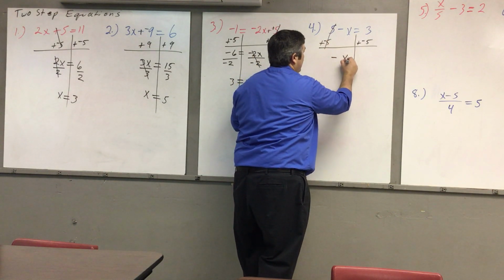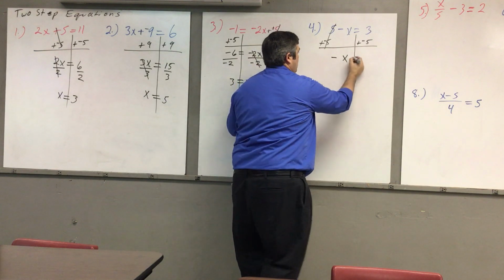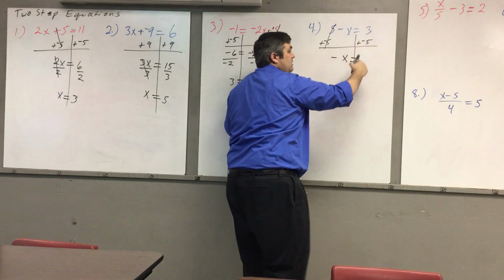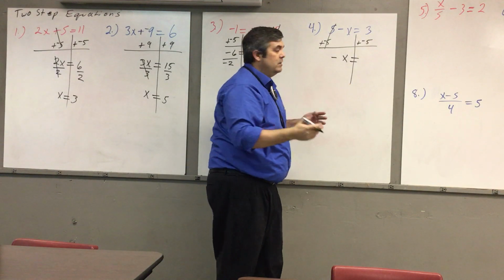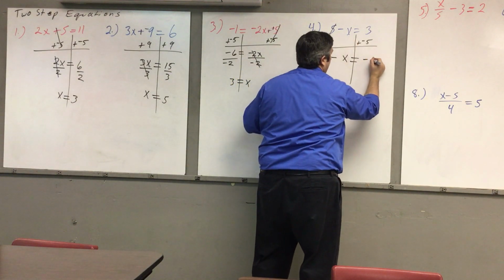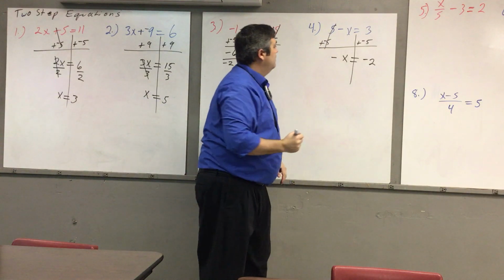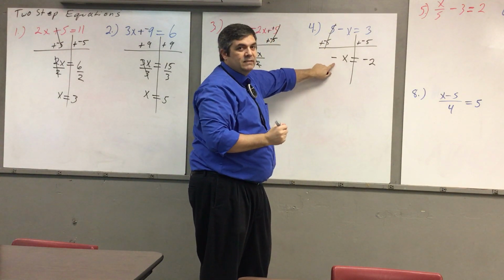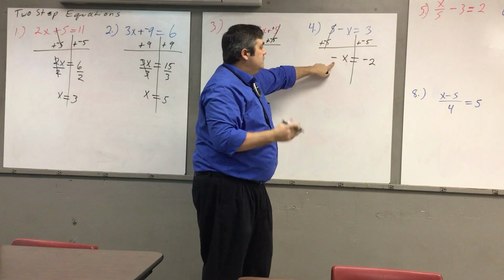So negative x, or minus x, equals 3 plus negative 5. Signs are different. Subtract, keep the sign of the bigger number. So negative 2. But now I'm not done, because I don't have this all by itself. It's got this negative sign in front of it.